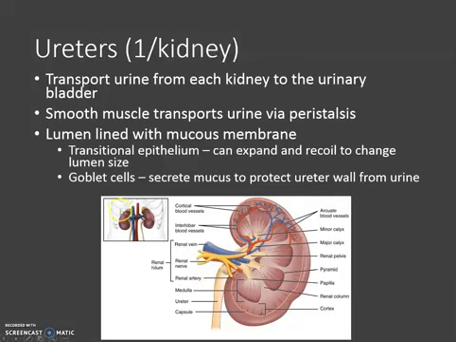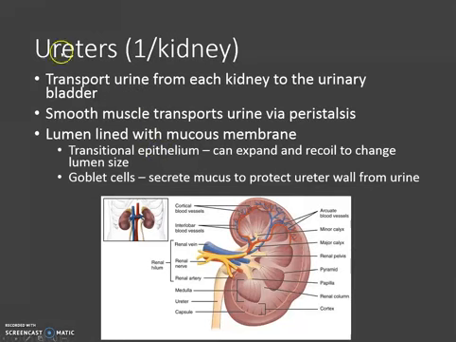The lumen, or the space of the ureter, is lined with a type of epithelium called transitional epithelium. This epithelium has a little bit of stretch to it so that it can expand as urine is moving through the ureter, and then it can recoil or go back to a smaller opening when urine is not being produced.